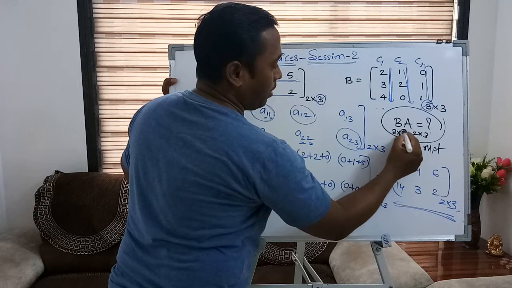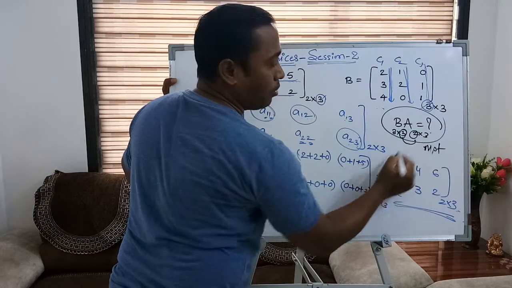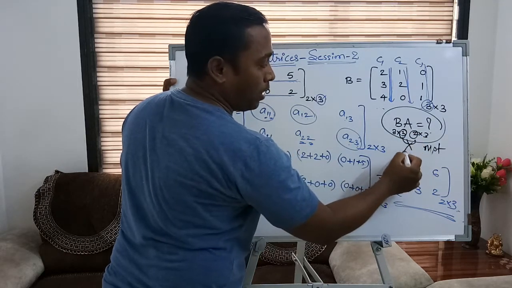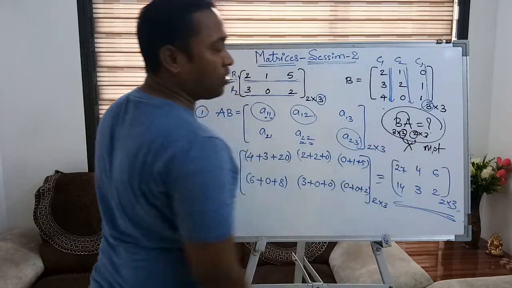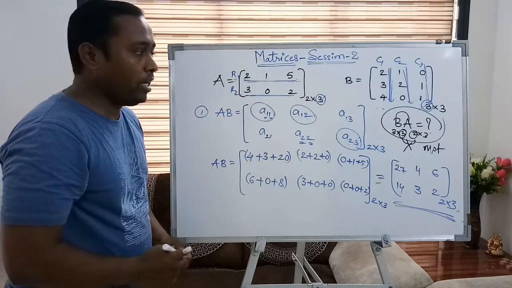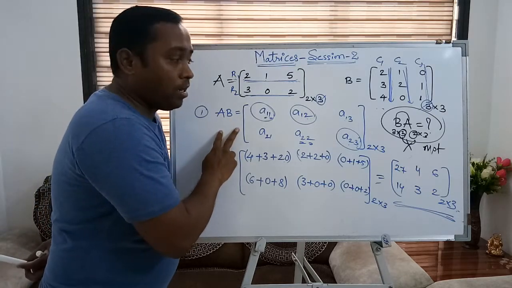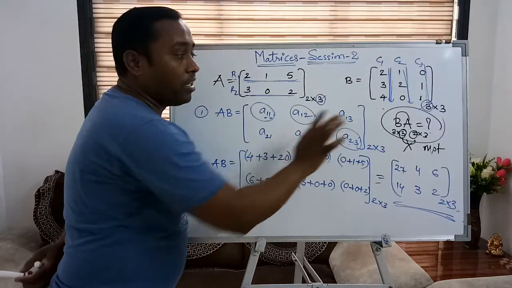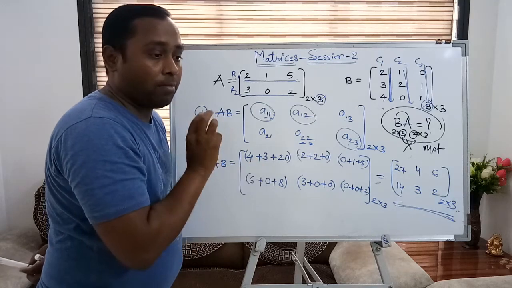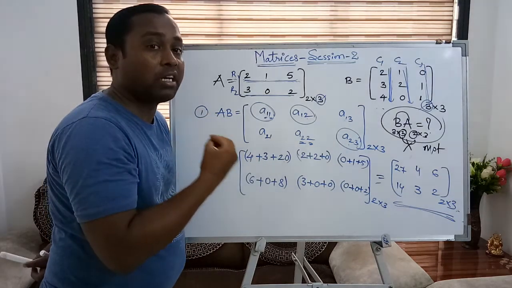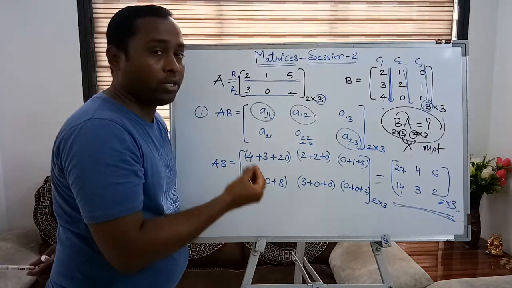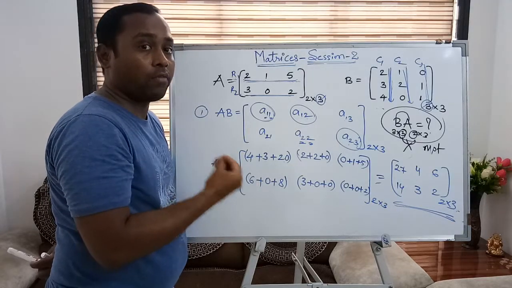Now just compare, are these two values equal? No. Hence their multiplication is not possible. So in short, what I wanted to say is, A into B is not equal to B into A. Unlike our simple number multiplication, where 2 times 3 or 3 times 2 is always the same.